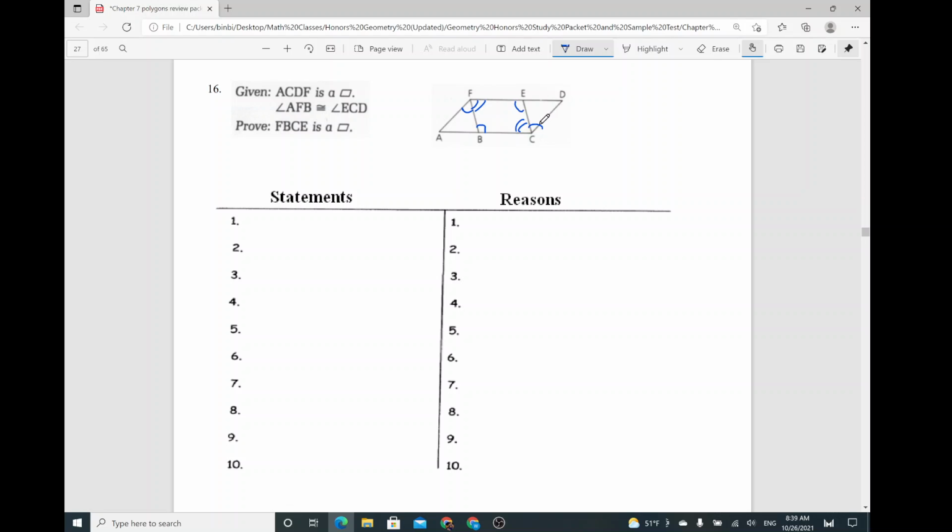It's not a long proof, it's actually pretty straightforward, because one thing that we notice, ACDF is already a parallelogram. Which means that angle AFD, this angle here, the entire angle, and angle ACD are congruent. And this one is by using the properties of a parallelogram.